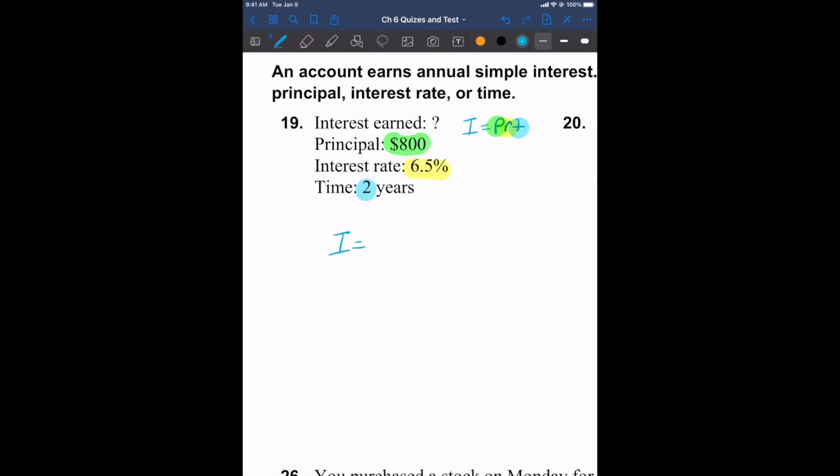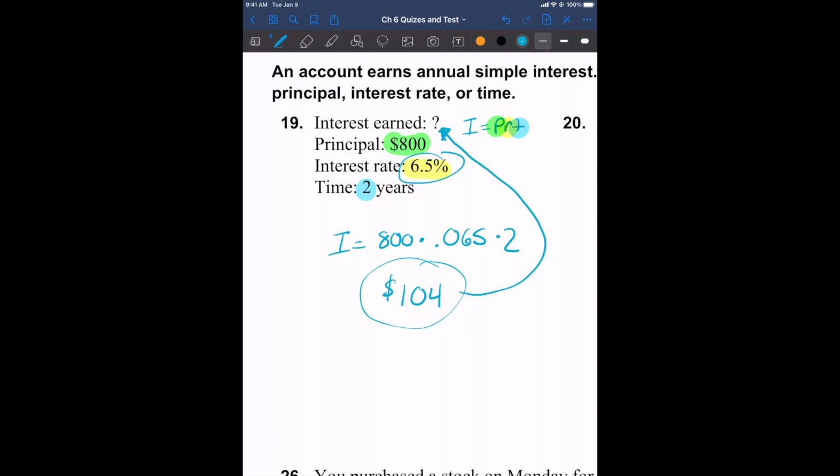I equals 800 times, now remember, change this to a decimal, 0.065 times 2. All right, I'm going to plug those in. 800 times 0.065 times 2. 104. 104 is how much interest was earned.